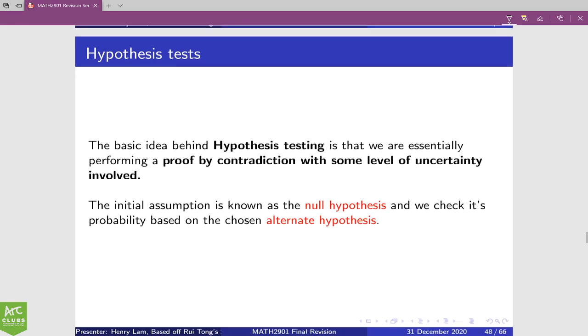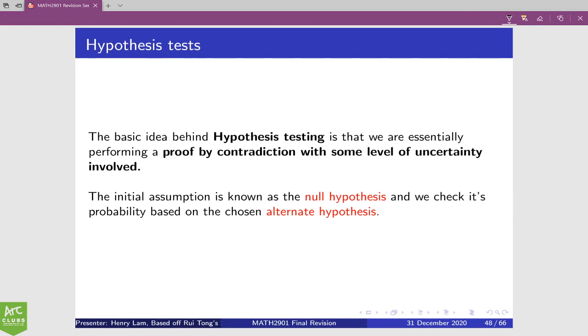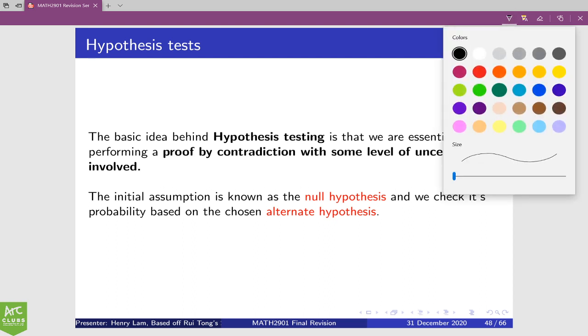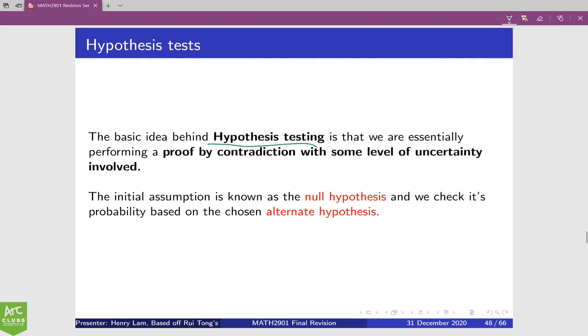Now, the very last part of the course. Right. So this is probably the most confusing part, I feel like, maybe. It's hypothesis testing. The idea basically behind hypothesis testing, you probably heard Libo say this, because this is how he explained it to me, is that it's pretty much a proof by contradiction, where you just add some uncertainty.